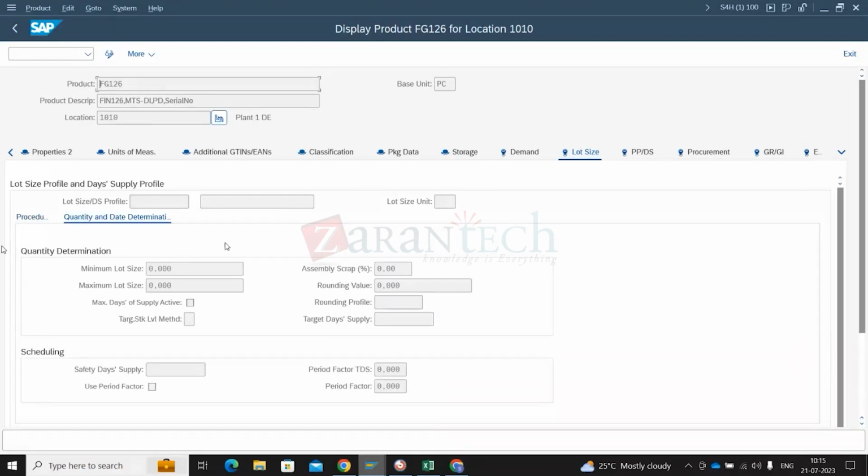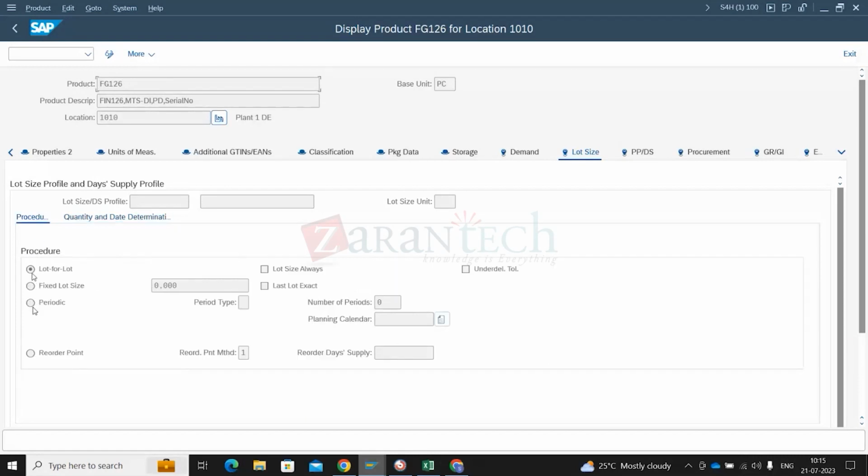If you go to quantity and date determination, the lot for lot, fixed lot, or periodic lot decide how the quantity should be based on your demand. If you say periodic lot and specify weekly or monthly, it would create one order per month or per week, whatever periodicity you define here.